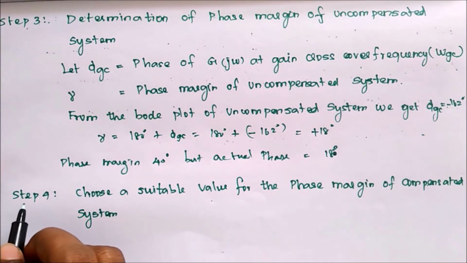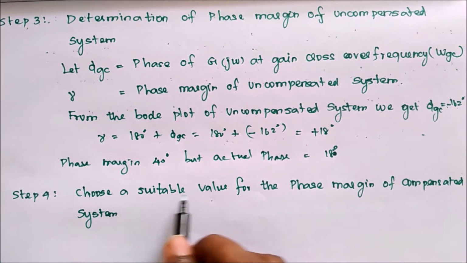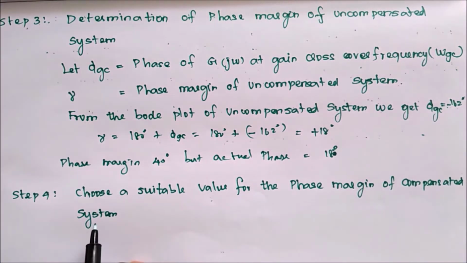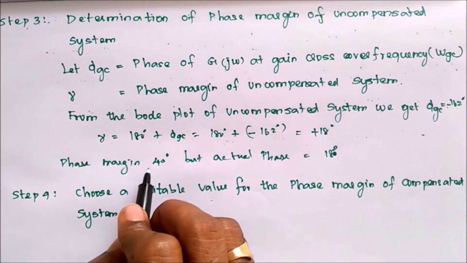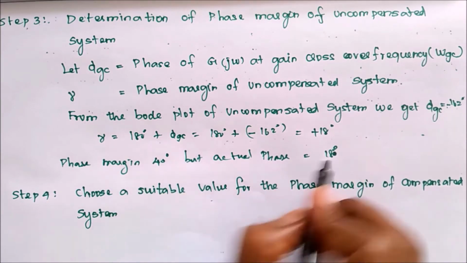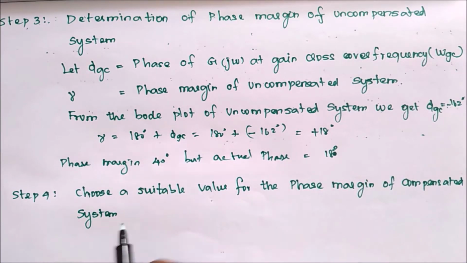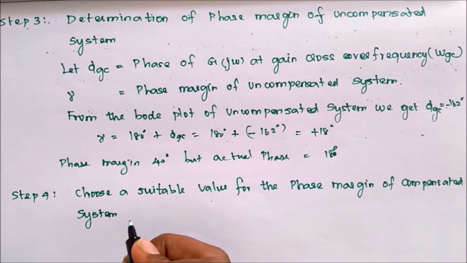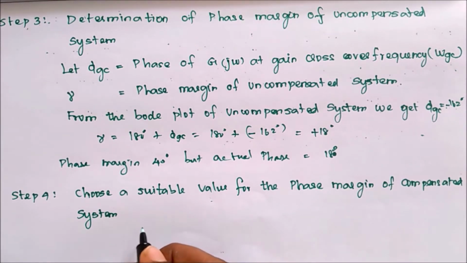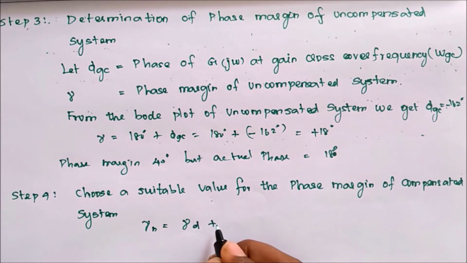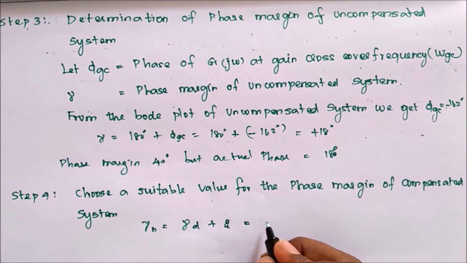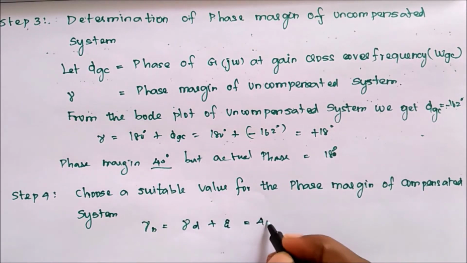For designing the lag compensator, the next step is to choose a suitable value for the phase margin of the compensated system. This is the actual phase margin and this is the required phase margin, so both are not matching. Therefore we have to use a formula: new phase margin equals desired phase margin, given in the problem as 40 degree, plus eta.